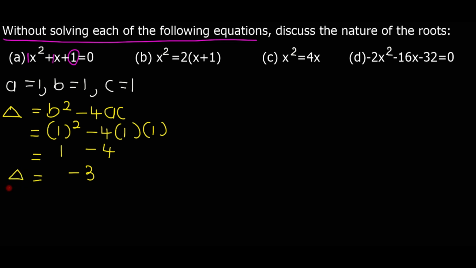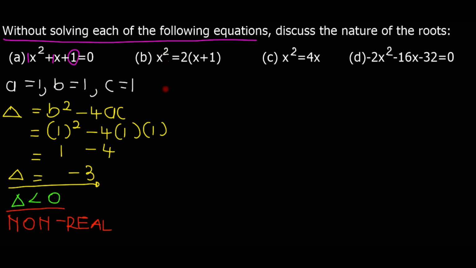So our discriminant is negative. So what is the conclusion? If the discriminant is less than 0, the nature of the roots is non-real. So the reason it's non-real is because the discriminant is less than 0. So this is the answer for part A.